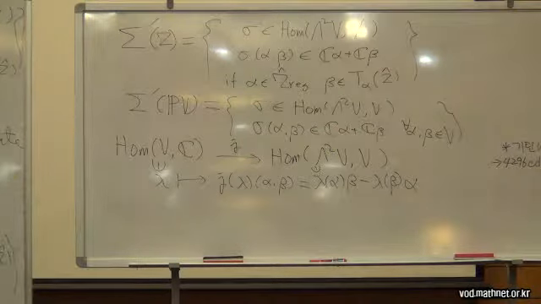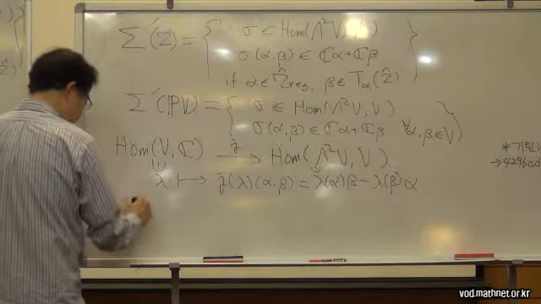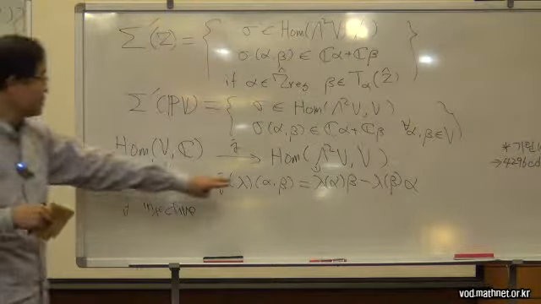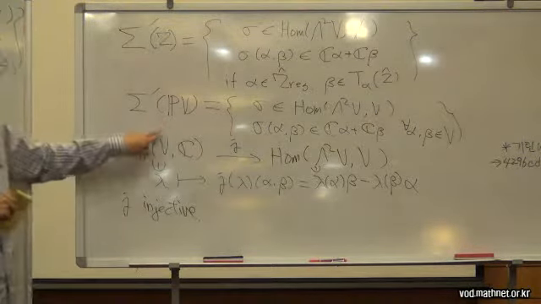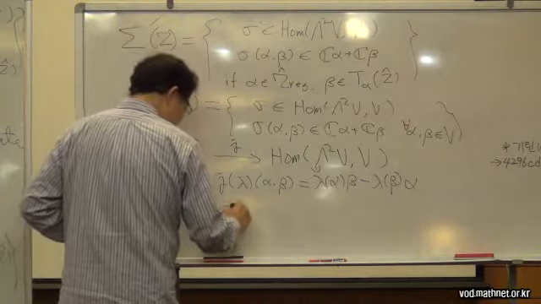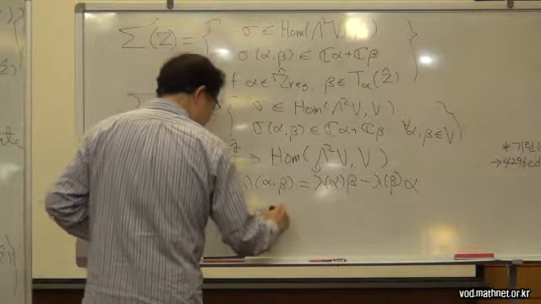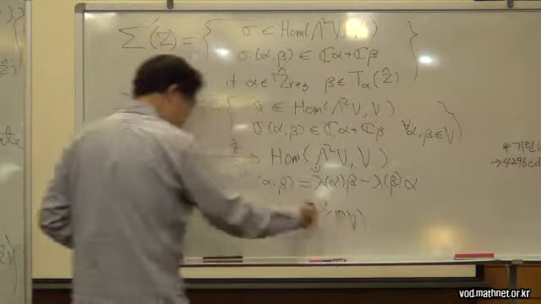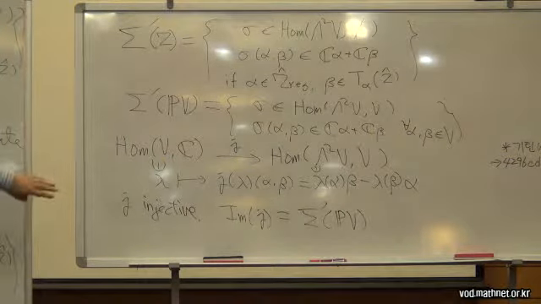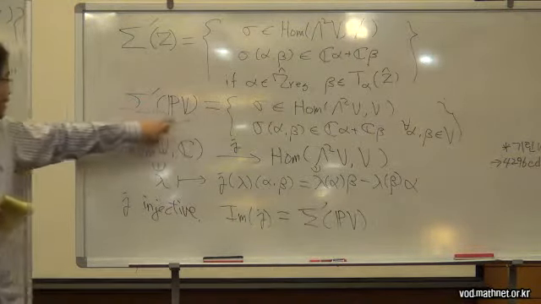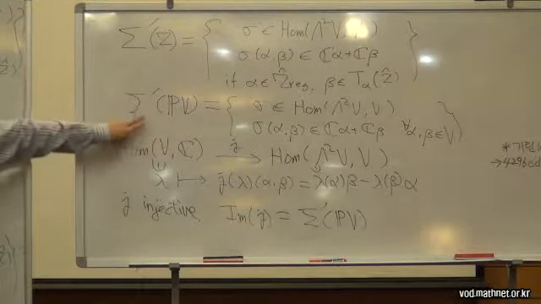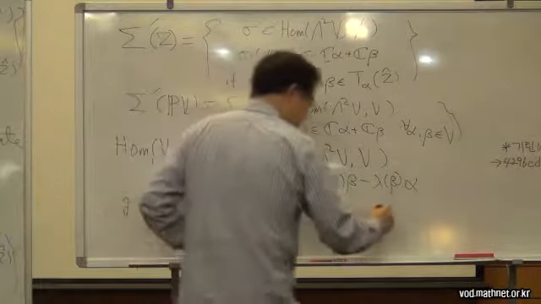And you can see that this is injective. And you can check that the image of J is sigma prime PV. That you can check. It's an exercise.